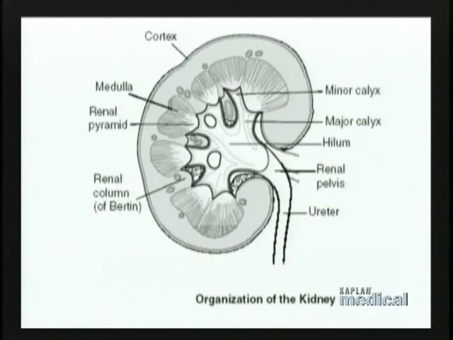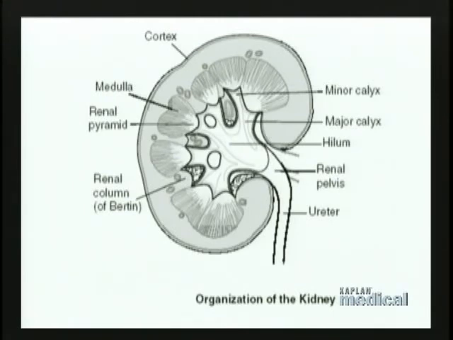Pictorially, we can see the arrangement of the area of the hilum first, which, as illustrated on here, is the point of exit of the renal pelvis, the dilated upper portion of the ureter, which is basically a tube of smooth muscle. And you can see how the major calyces, 3 or 4 of them, contribute to form the renal pelvis, and how up to 8 minor calyces join together to form the series of major calyces, again contributing to the drainage of the kidney.